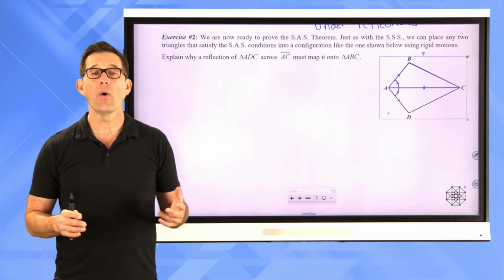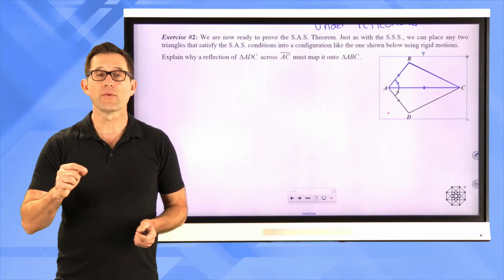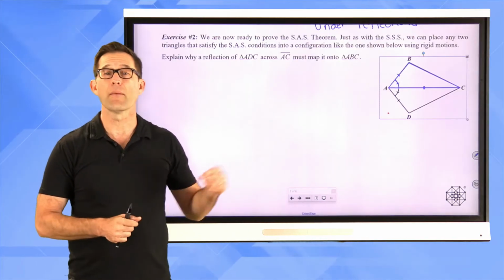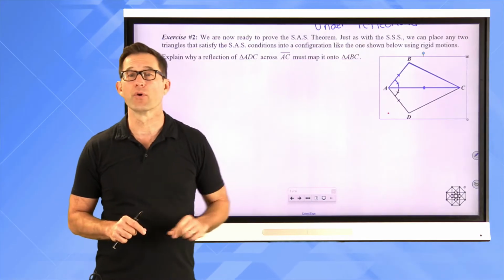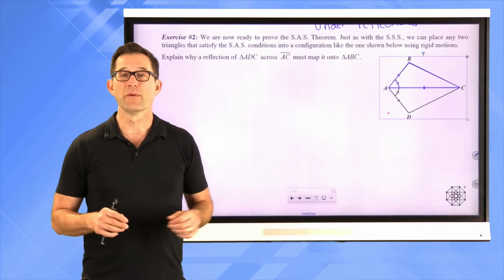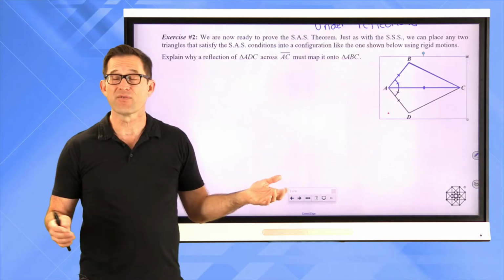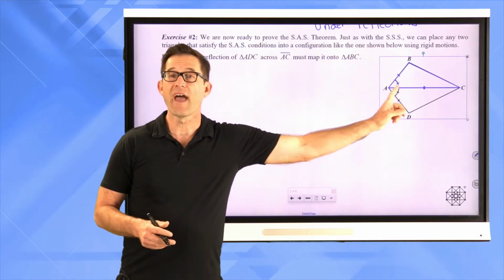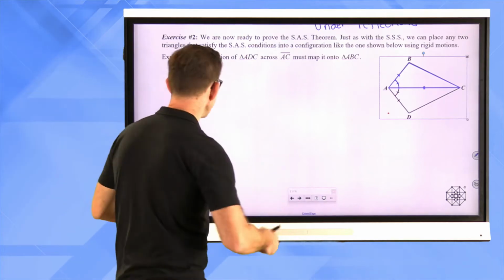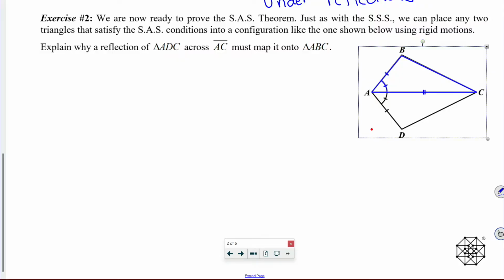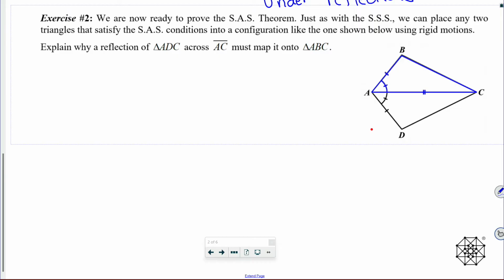All right, well, as always, whenever we use a rigid motion or any transformation to map one figure onto another, we have to talk about where all three of the vertices go. I know this is probably getting kind of old, but let's get there. So first, A and C map to themselves because they lie on the line of reflection. You're probably pretty sick of that particular line of reasoning, but it is true.